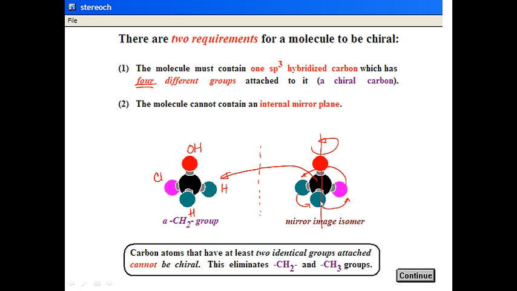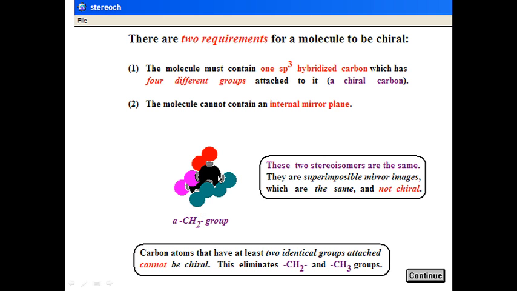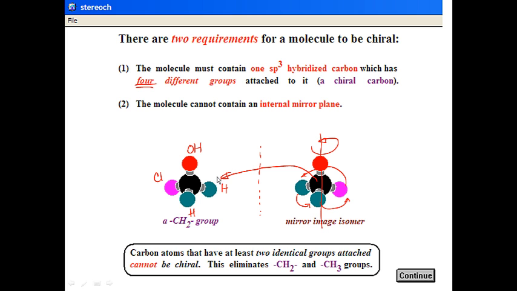What would happen is this would now be green, this would now be green, and this would be pink, and those 2 molecules would match up perfectly with each other. Okay, so here's my superimposable mirror image in essence.